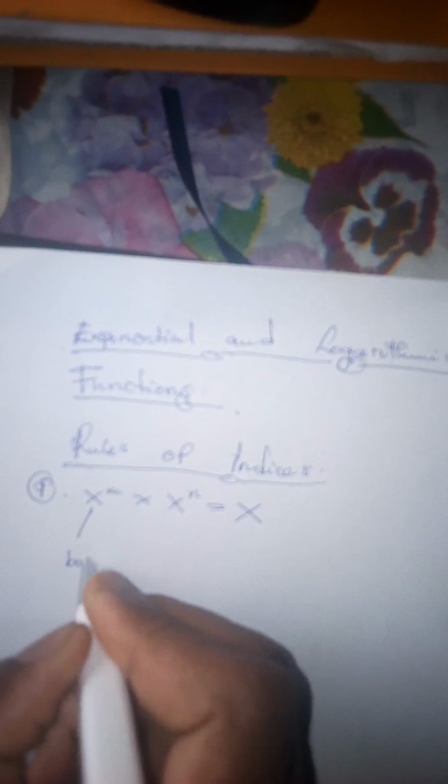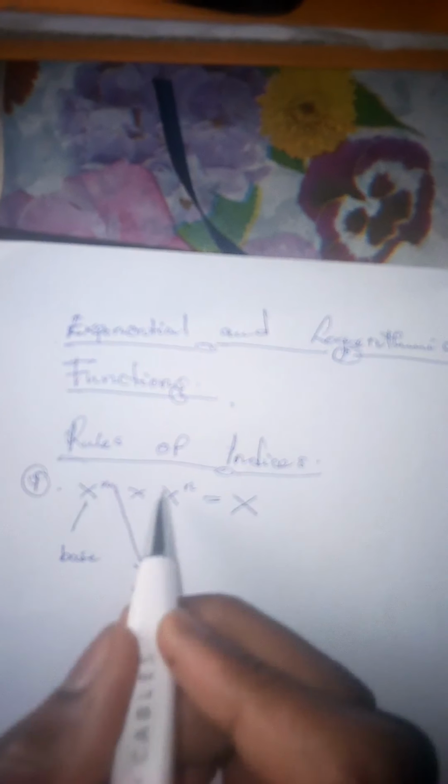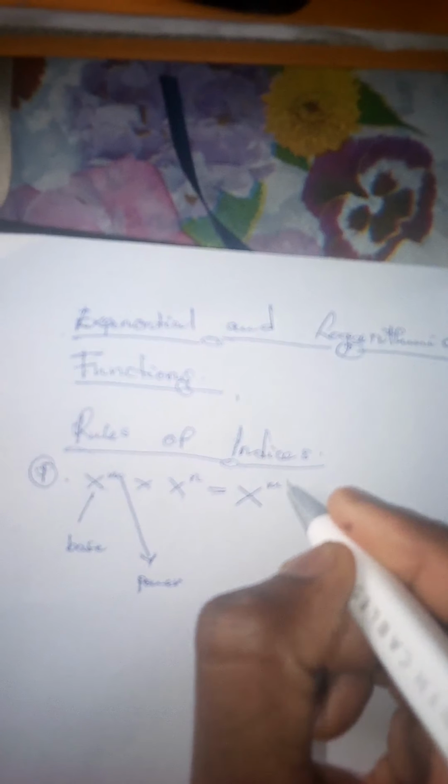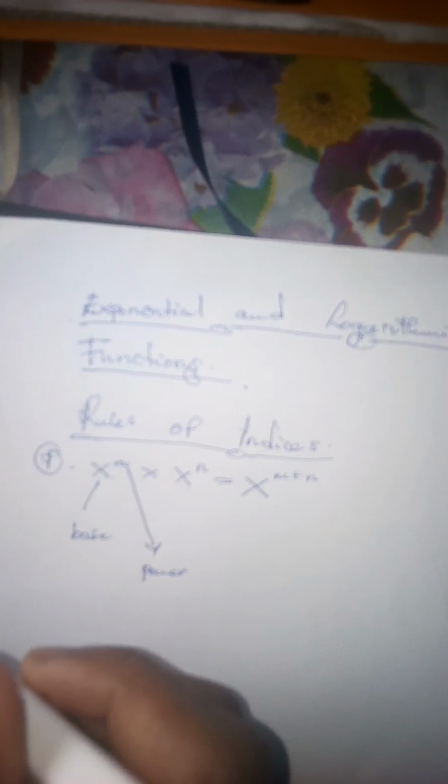This is the base, and this is your power or your exponent. So you just maintain the base, then we add the powers. So it will be m plus n. This is law number one.